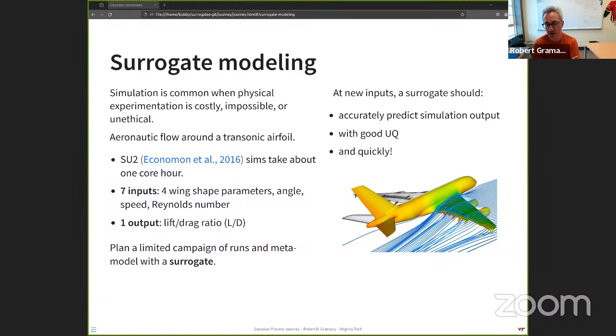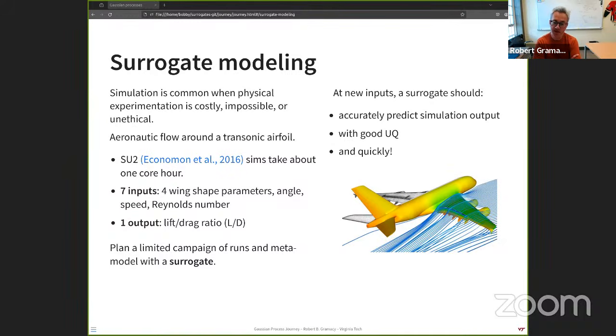So because the experiment is expensive in terms of time and energy, it makes sense to plan a limited campaign of runs, just the same way you would with an ordinary experiment, and then fit a model to the data that you get, to the input-output pairs of your computer experiment, and use your model to do something, to either make a prediction, or maybe solve an optimization problem, or to figure out which inputs are affecting the outputs.